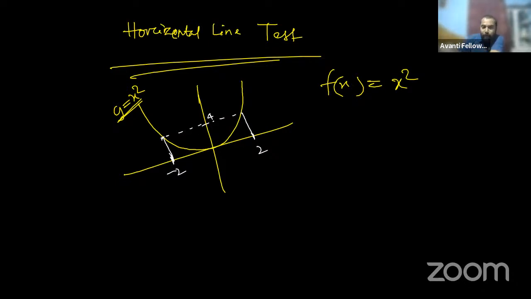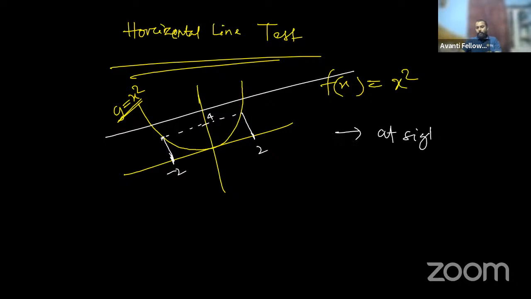Always remember, if we draw any graph, suppose here we are having the graph y is equal to x square. If we draw a horizontal line parallel to the x axis, and the horizontal line intersects the graph of the given function at a single point, then that function is called 1-1.